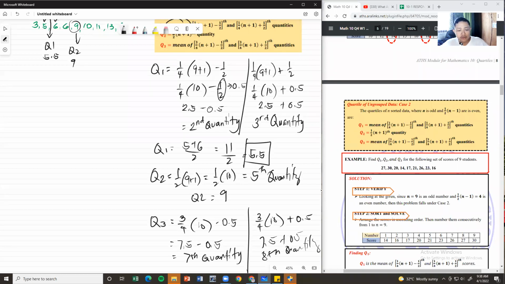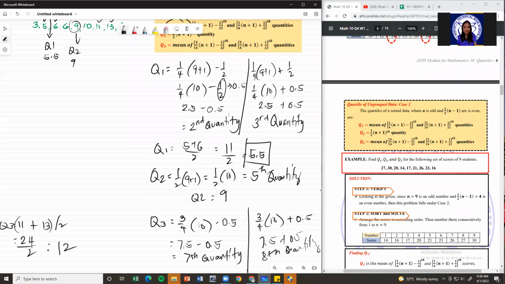Our 7th and 8th quantities are 11 and 13, so we need to get the average of the two. 11 plus 13 is equal to 24. 24 divided by 2 is equal to 12.